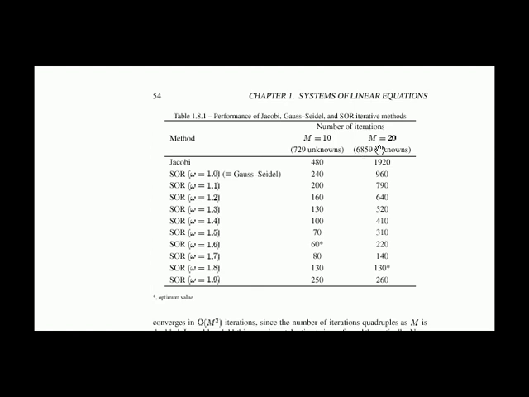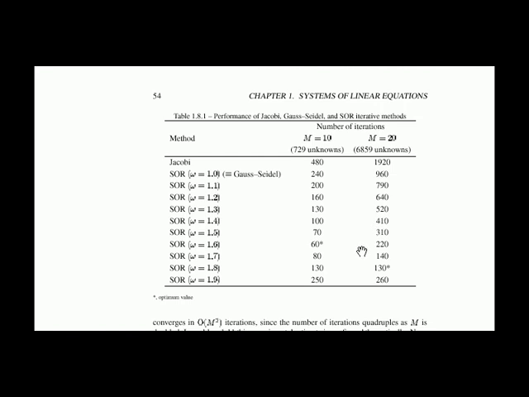For example, with m equal to 20, then you have m minus 1 cubed unknowns, which is 6,859 unknowns. It takes Jacobi method 1,920 iterations to converge to certain accuracy. Gauss-Seidel takes exactly half as many iterations, and SOR takes about 7 times less with this value of omega, and even if you don't use optimal value of omega, it still will do generally much better than Gauss-Seidel.